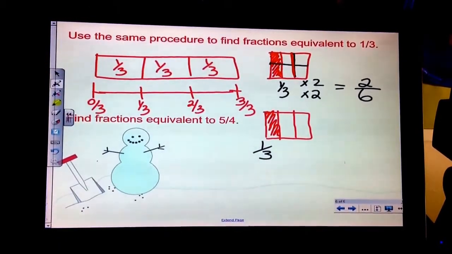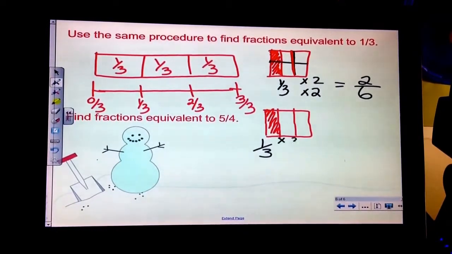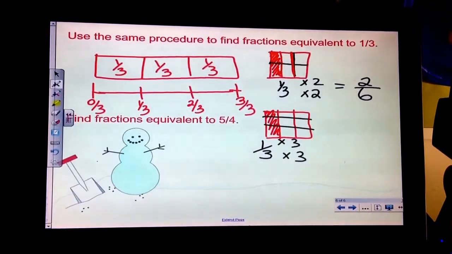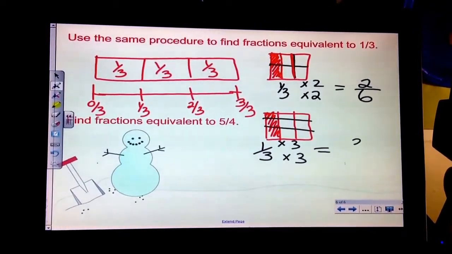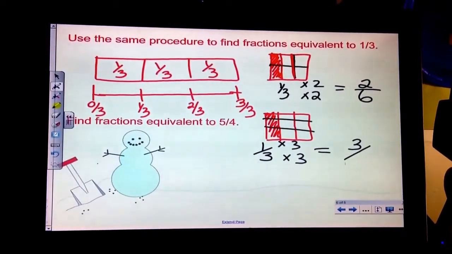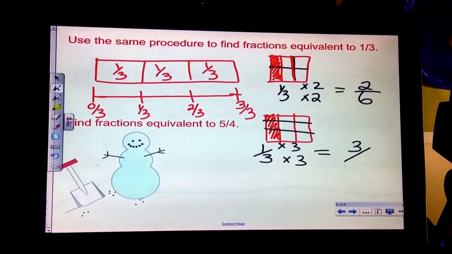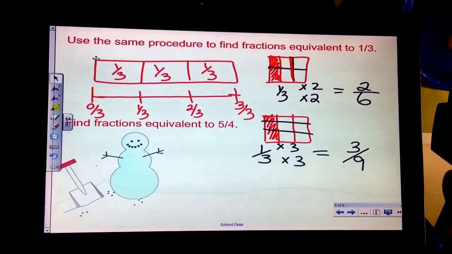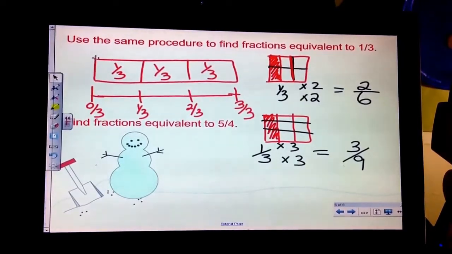This time I'll cut it into thirds. So I can see that 3/9 is also equivalent to 1/3.